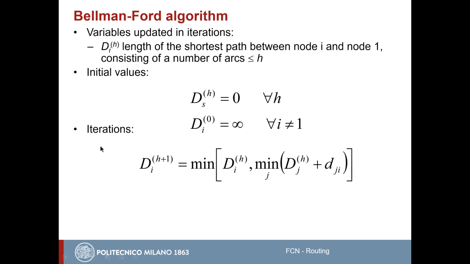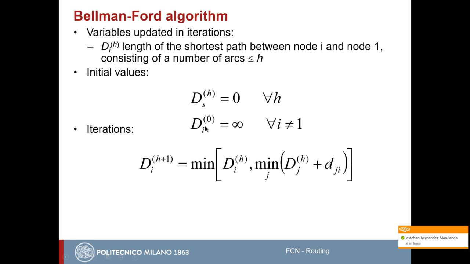This is an iterative algorithm, so h is also the index of the iteration. In the first iteration, h is equal to 0. So this is the initialization of all the D variables of the nodes which are not the source node.